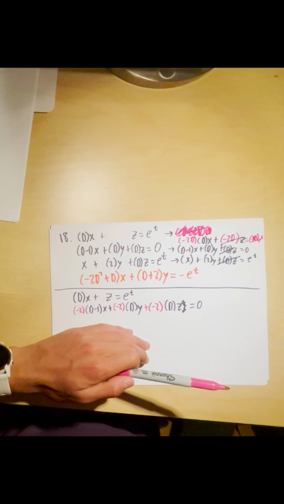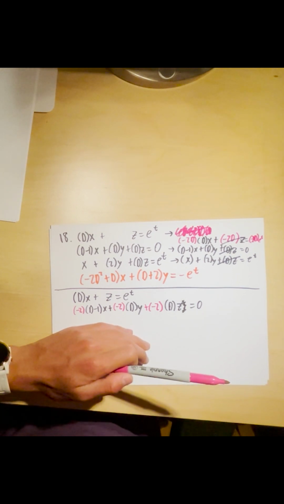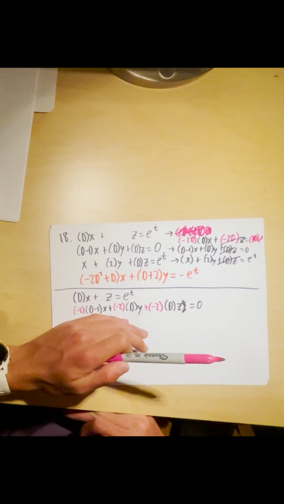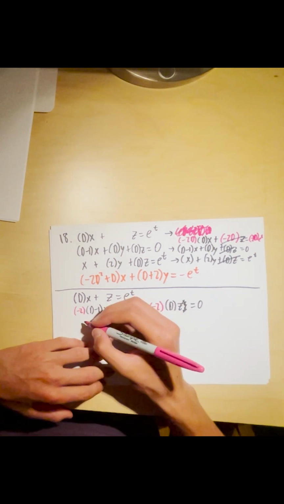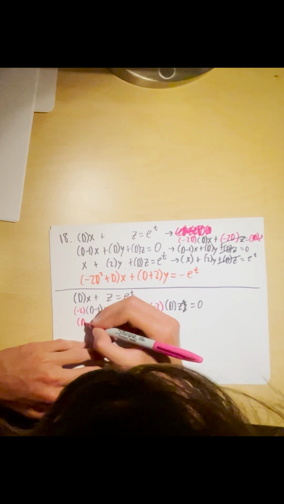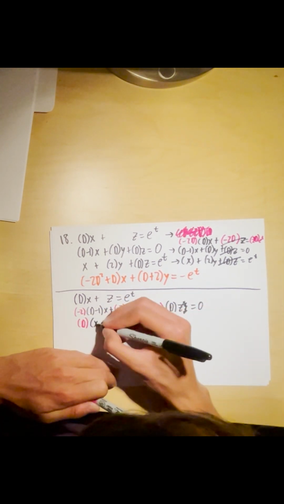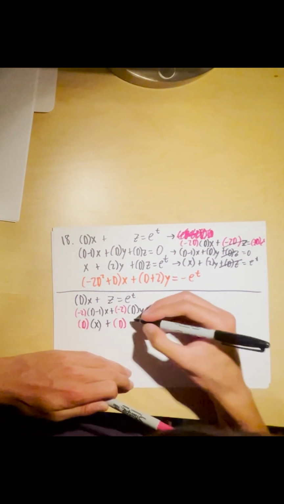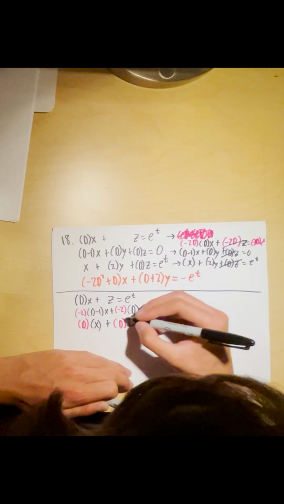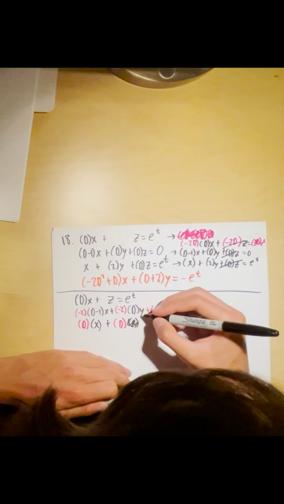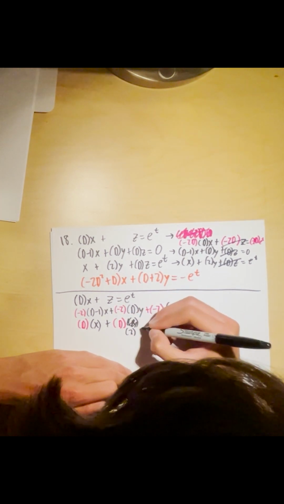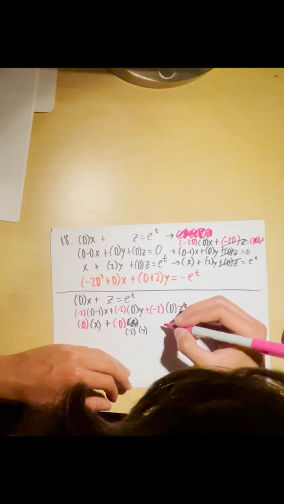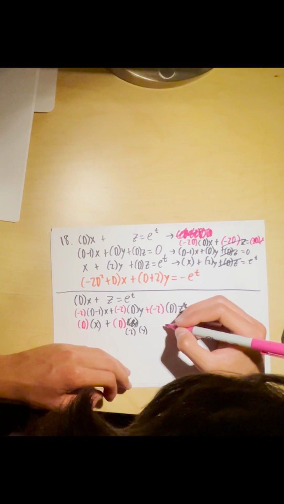Now, I will do the same thing with the bottom, except we're going to multiply through by the differential operator D. And that gets us D times, and then 2 and times y.